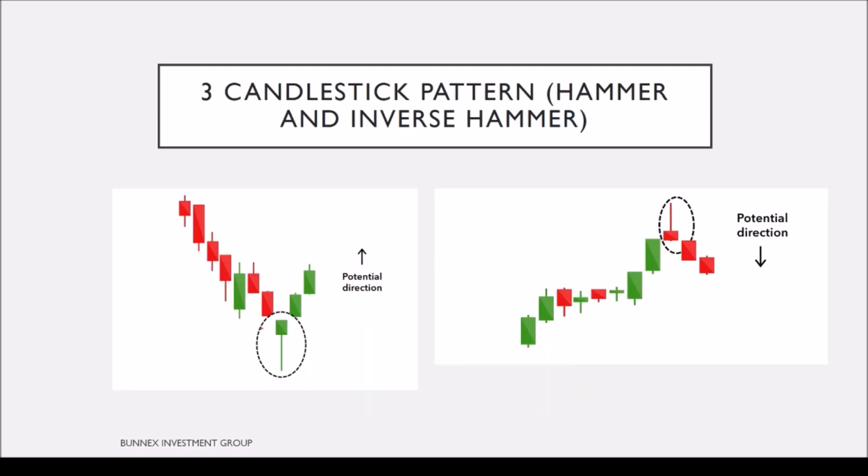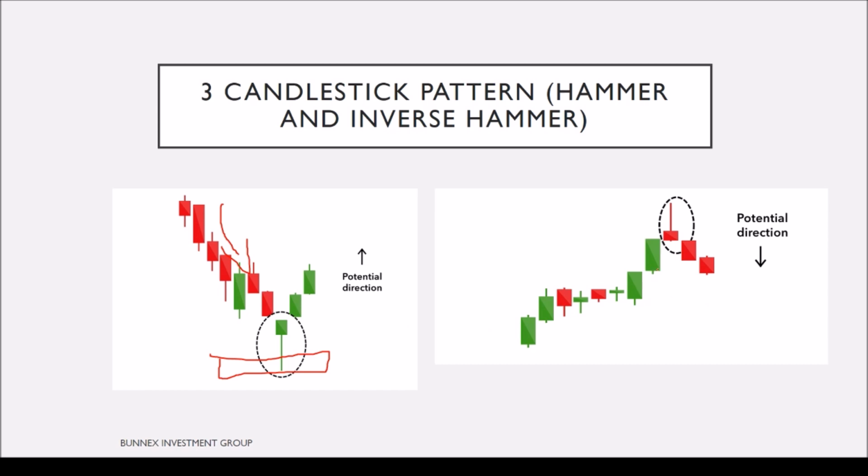Then the three candlestick pattern, hammer and inverse hammer. This is the perfect scenario for these candlesticks. There will be a downward move. After a downward move, up to a point that we refer to as the zone of interest, we see three candles that arrange themselves in a reversal format like this one: a red candle, a green candle, and a green candle.